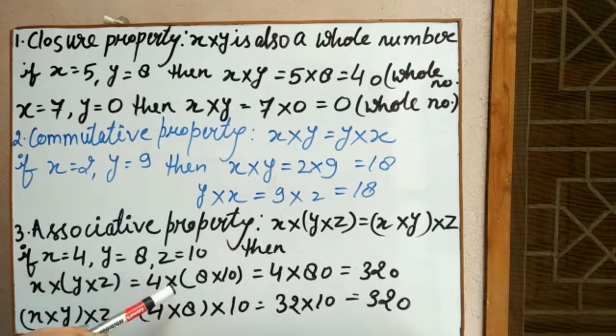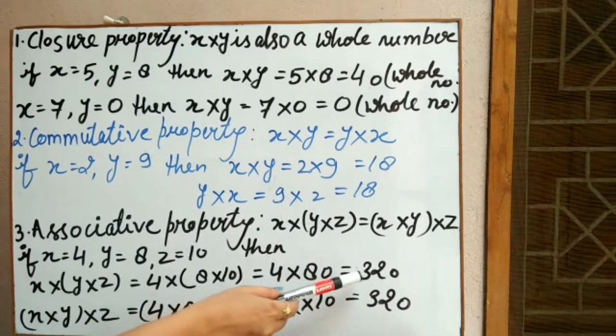First of all, we will substitute the given values. The value of x is 4 into, inside the bracket, y is 8 and z is 10. 8 into 10 is 80. 4 into 80 is equal to 320.